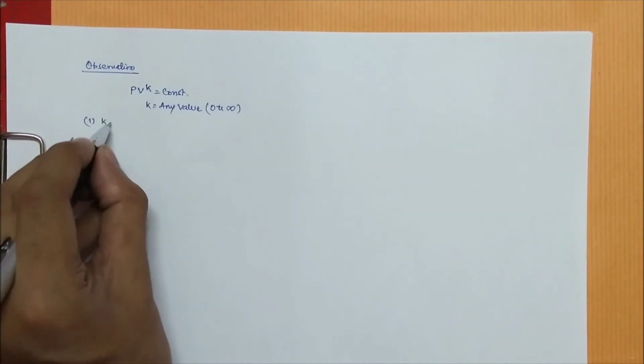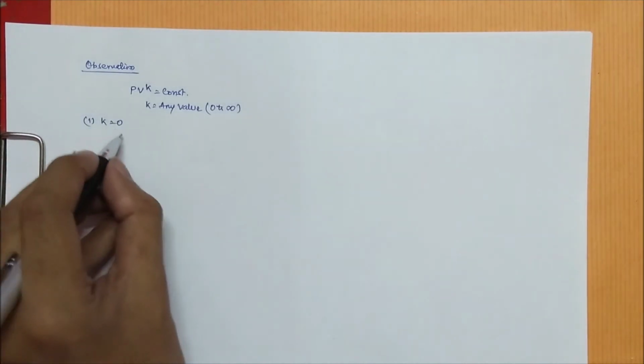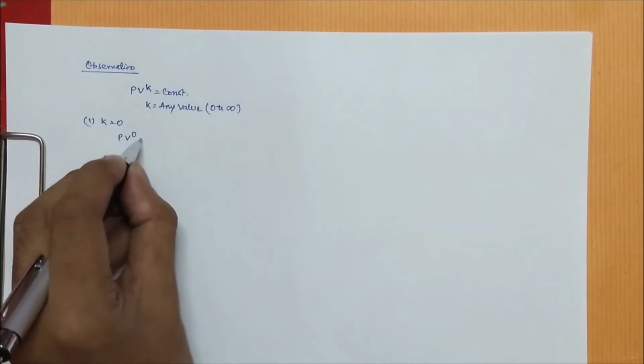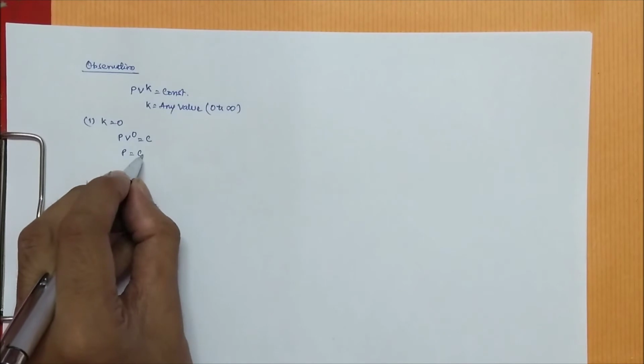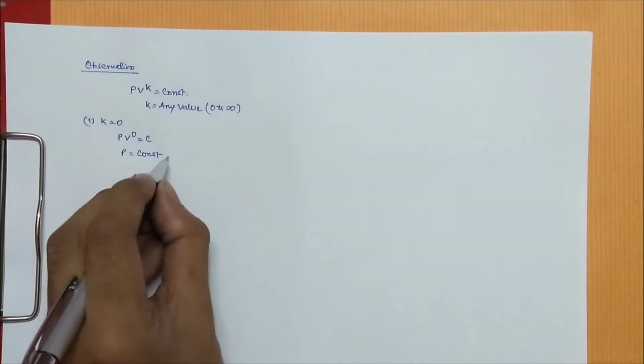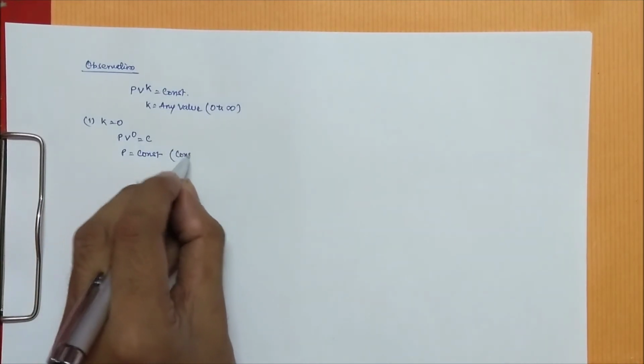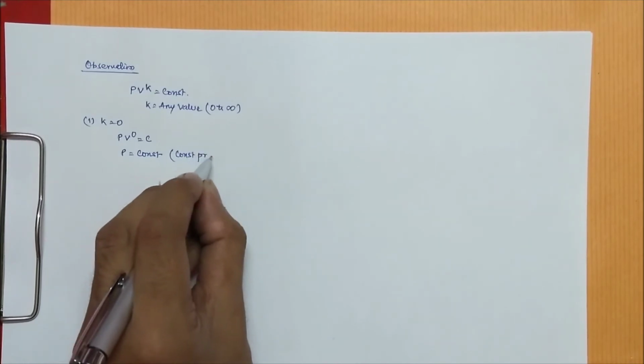First, suppose k is 0. When k is 0, PV to the power 0 is constant. That means P is constant, which means it's a constant pressure process.